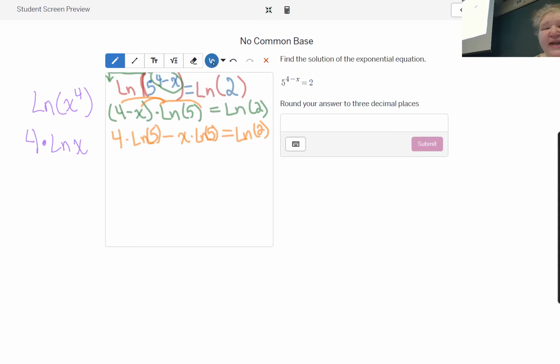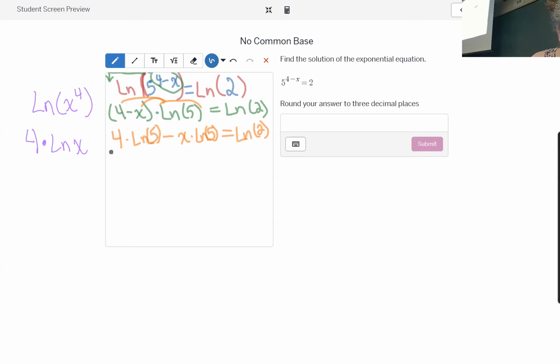So now we're just trying to get x by itself. There's some stuff really close to x that's being multiplied to it, and then there's that 4 natural log 5 out front. So I have 4 natural log 5 minus the x term. I need to cancel out the 4 natural log 5 with addition or subtraction.